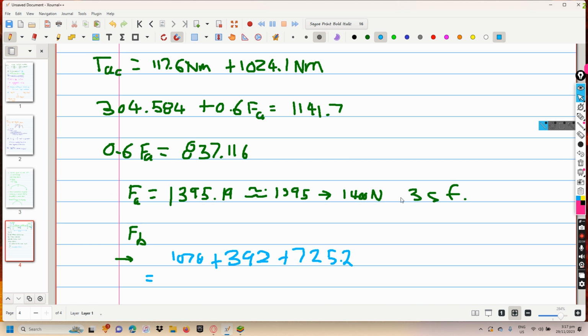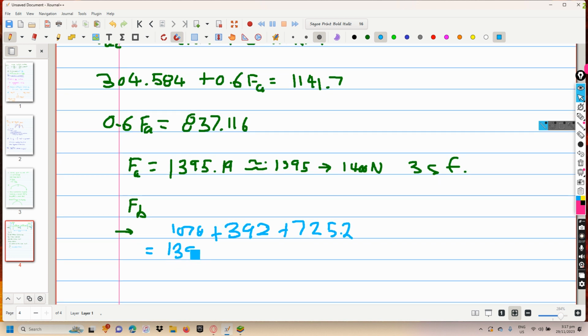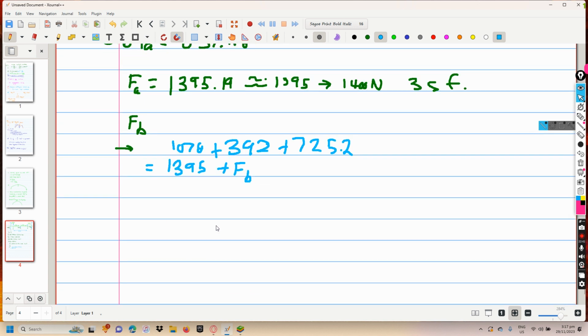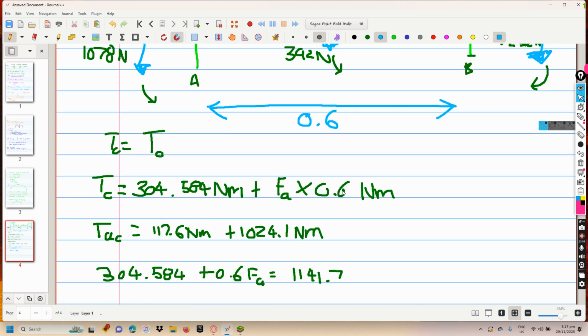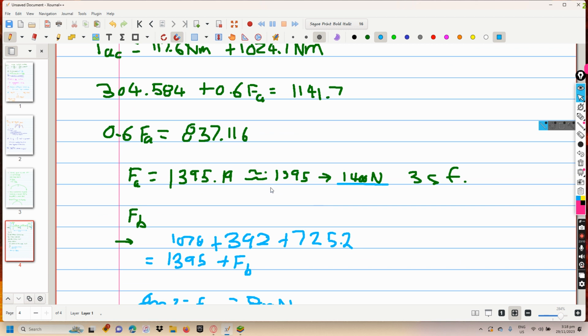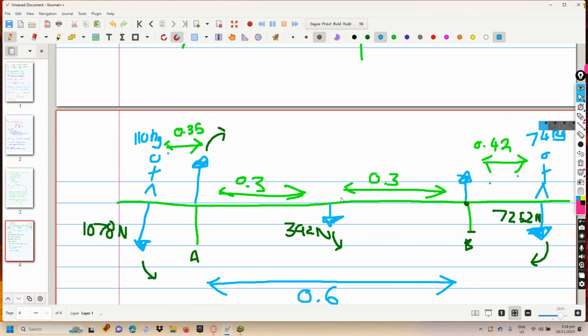We already know one of them, we've just worked out 1395 plus force B, which implies 1078 plus 392 plus 725.2 minus 1395, you get 800.2 is equal to force B, equals 800 newtons. So your two answers are 800 newtons and 1,400 newtons to 3 SF, because that's what you were given in the question. You probably wouldn't lose any marks for writing that, that's good enough.